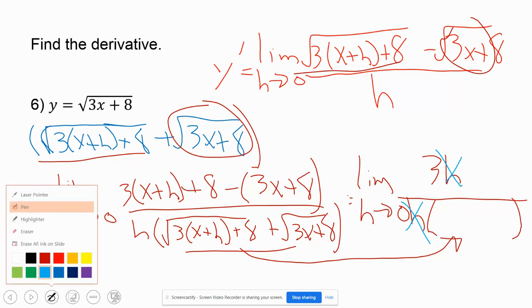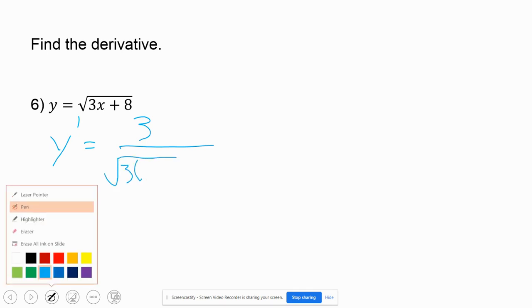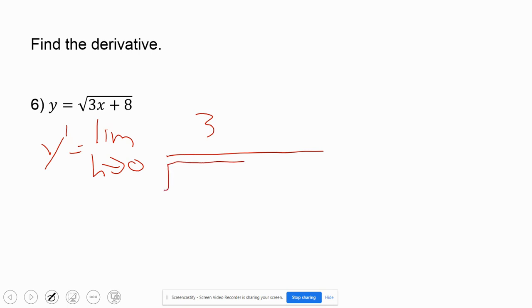Okay, I'm going to get some room back here. Let's do this the right way. Y prime equals the limit as h approaches 0 of 3 over my conjugate.